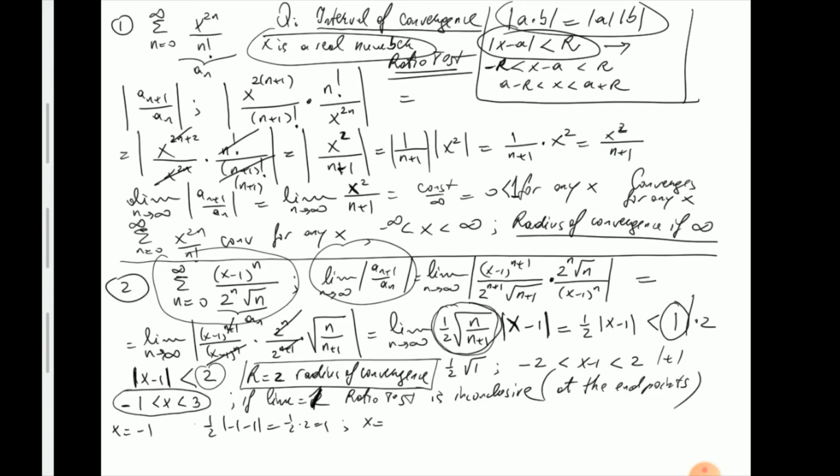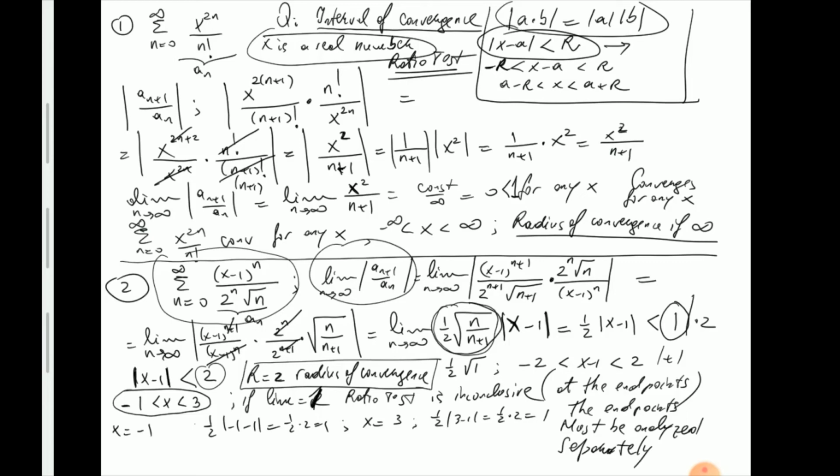If x equals 3, the other endpoint, that limit is 1/2 times 3 minus 1, which is again obviously 1. So the endpoints must be analyzed separately. We're going to do that on the next page so that we don't crowd it here.